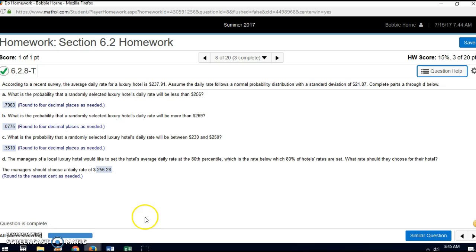In part B, what is the probability that the randomly selected luxury hotel's data will be more than 269? You want to get the probability of 269 or less. Whenever you get that, to find out more than, you would do 1 minus that number.